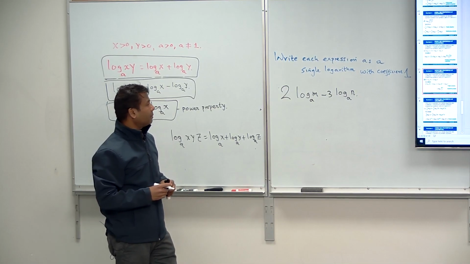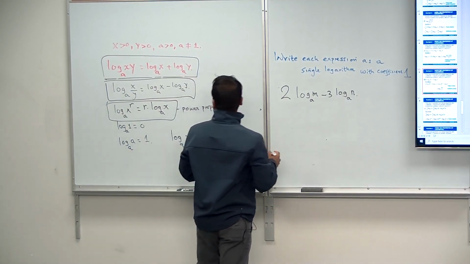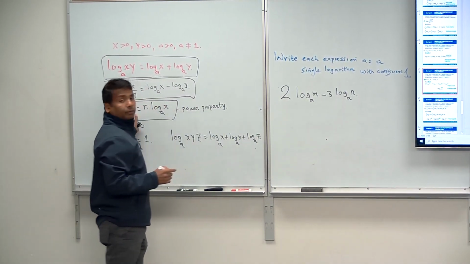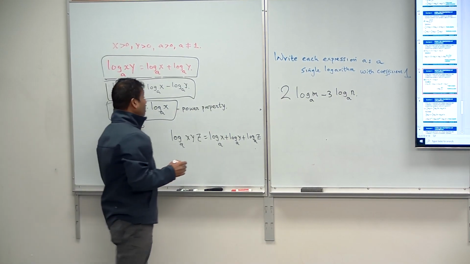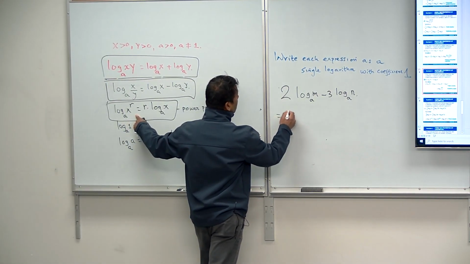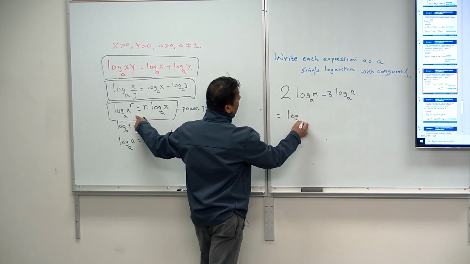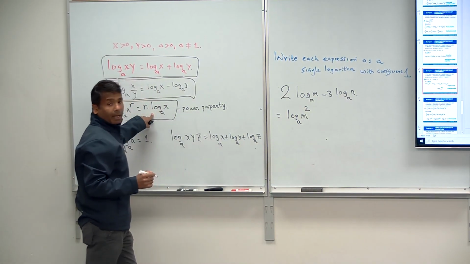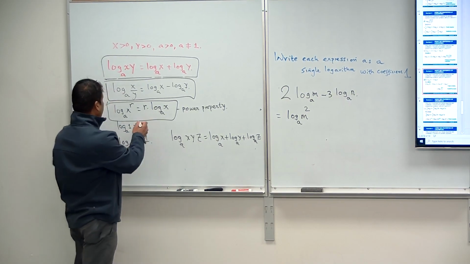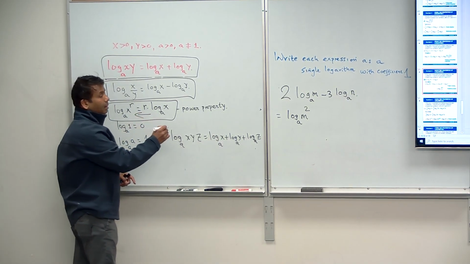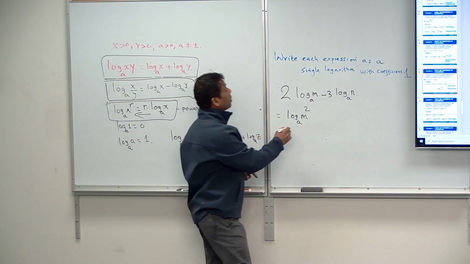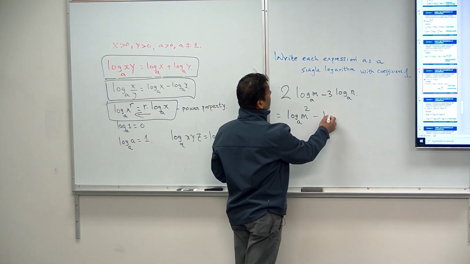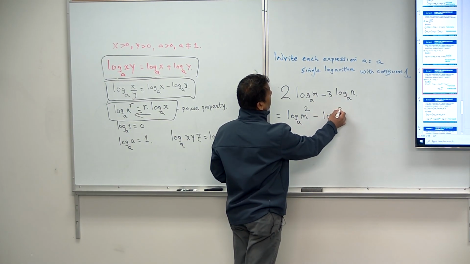If you have this, use the power property. It will be logarithm with base a of m to the power 2. Use the power property in this direction. Are you guys with me? And then here, you also use the power property. So this is logarithm with base a of n to the power 3.